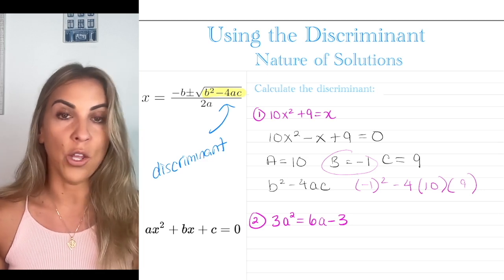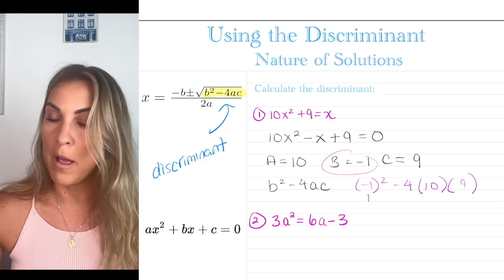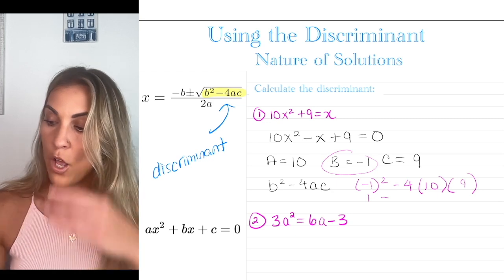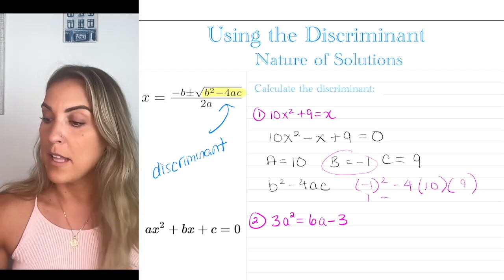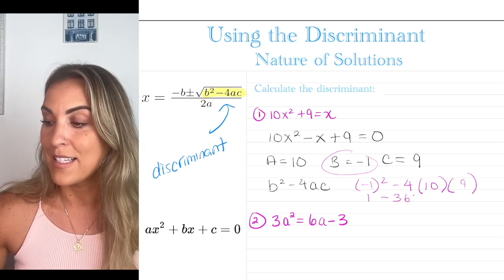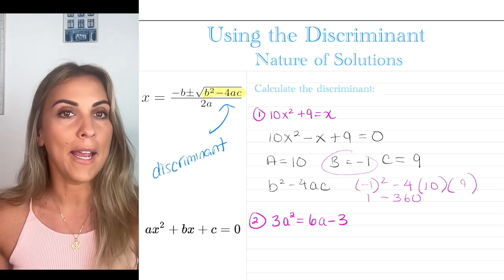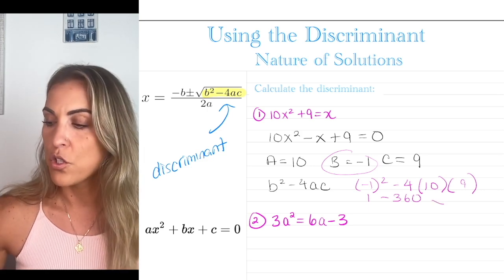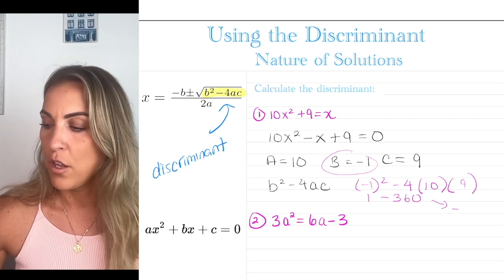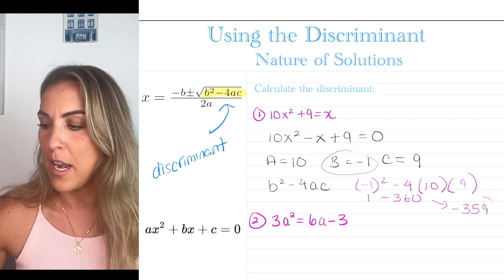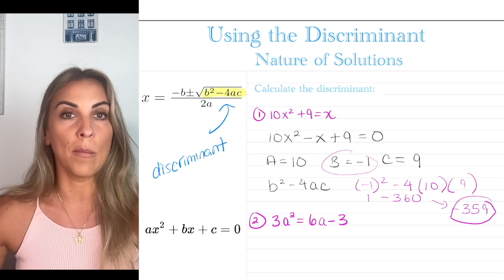And now we're just going to evaluate this. So I have (-1) squared, which is +1, minus 4 times 10 times 9, which is 360. So I have 1 minus 360. So the discriminant here is -359.